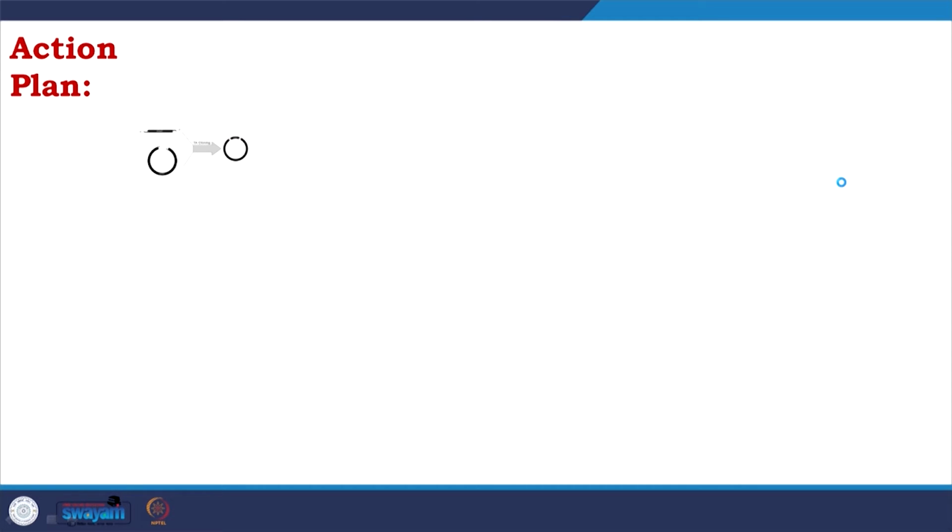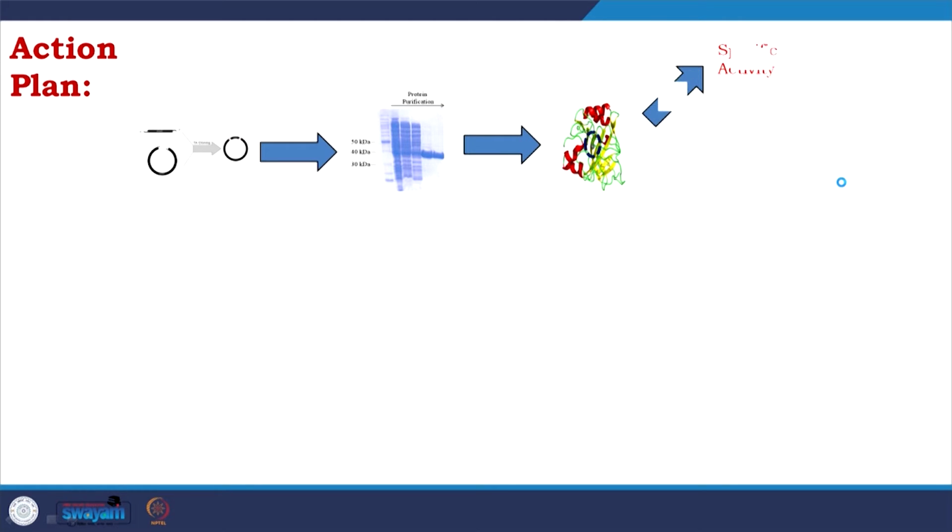Our initial action plan was we will clone probable carbonic anhydrase and then screen them based on specific activity and thermostability.